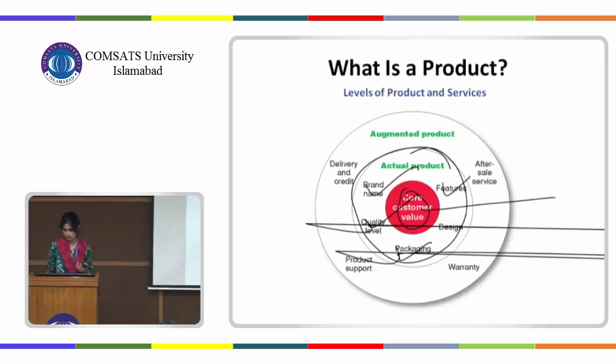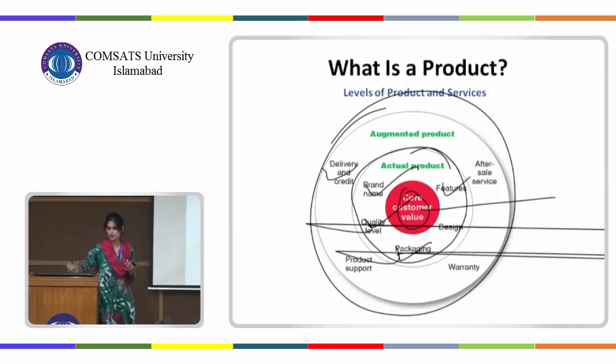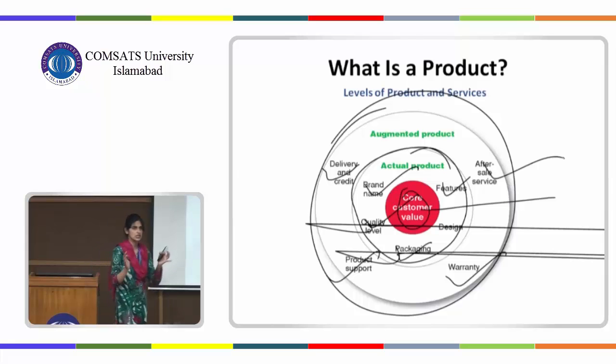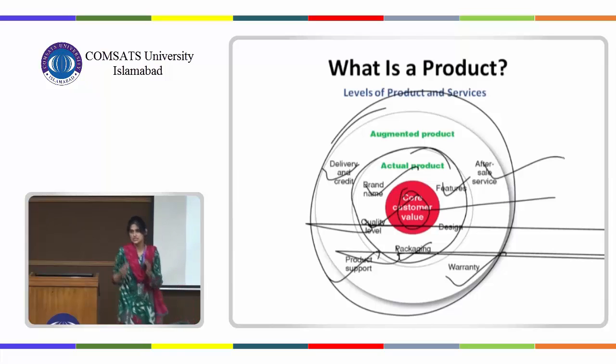Now once you've decided on that, you move up to the last tier, which is the augmented level. The augmented level would include delivery and credit, whether you give things on credit or not. What sort of product support do you have? Do you give warranties or not? Do you have after sales service or not? All these things make your actual product even more attractive. So these are three different levels of product, right?